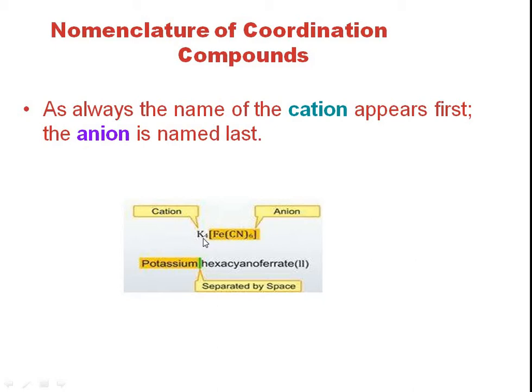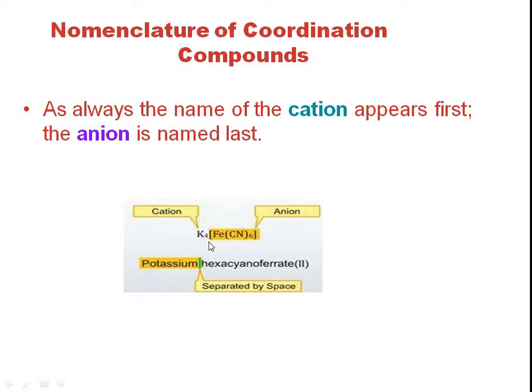Potassium is the cationic part, and FeCN6 is the anionic part. During the nomenclature, we will name the cationic part first, potassium, and after naming the cationic part, we will name the anionic part.